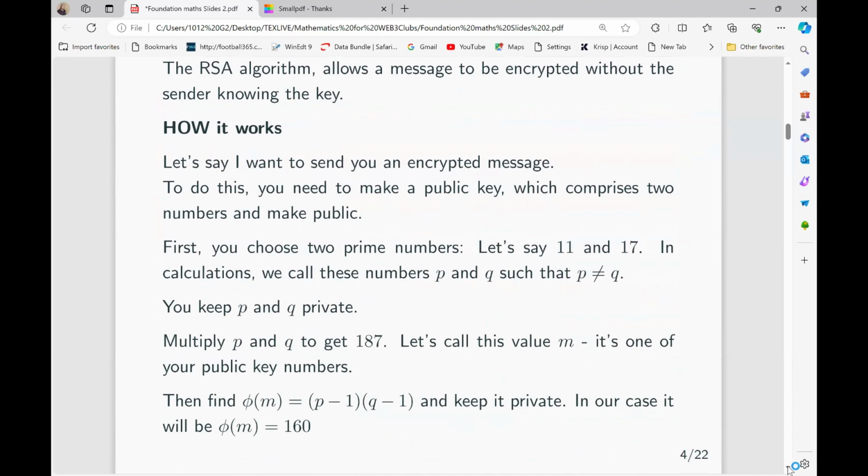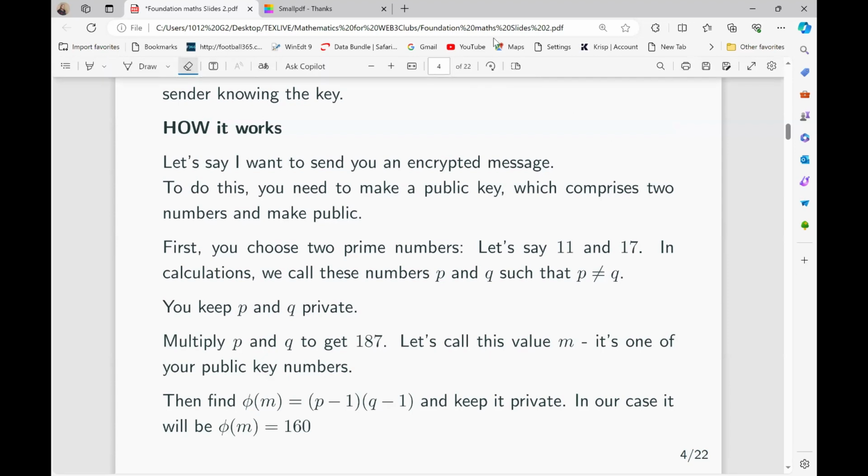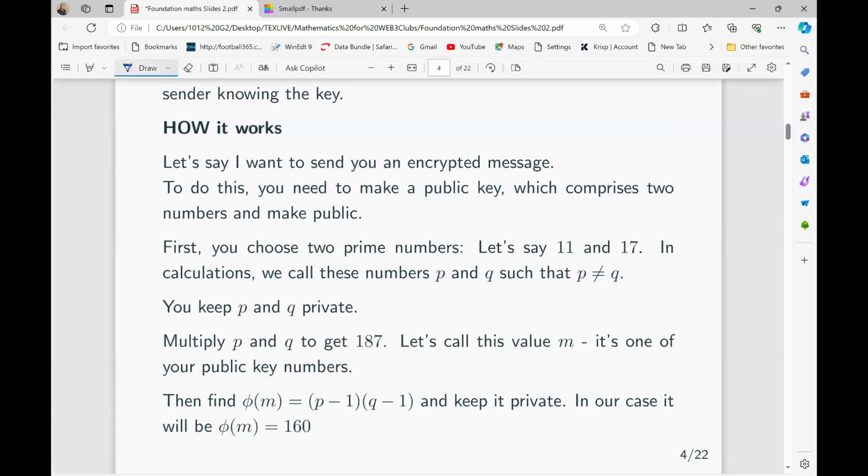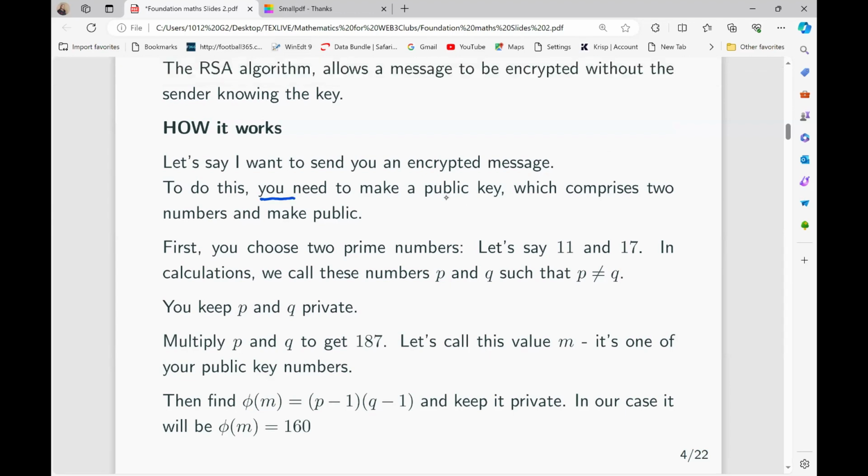So suppose I want to send you a message. If I'm to send you a message, then it's you to come up with the public keys. The one whom I want to send a message would come up with the public keys.